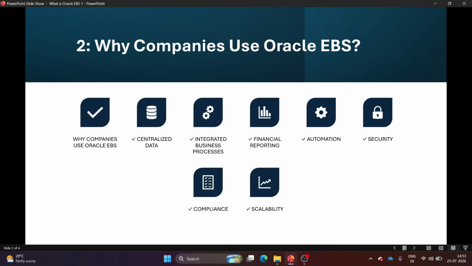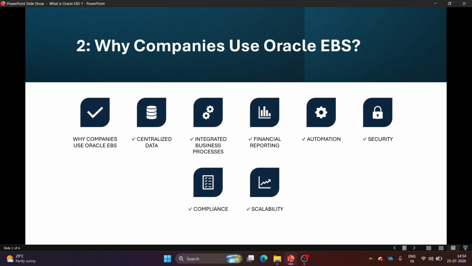And finally, scalability. Oracle EBS is designed to support organizations as they grow. It can handle an increasing number of users, transactions, business units, and legal entities without requiring a completely new system. So, as we discussed, because Oracle EBS provides centralized data, integrated modules, automation, security, compliance, and scalability, it has become one of the most widely used ERP systems for managing enterprise business processes.